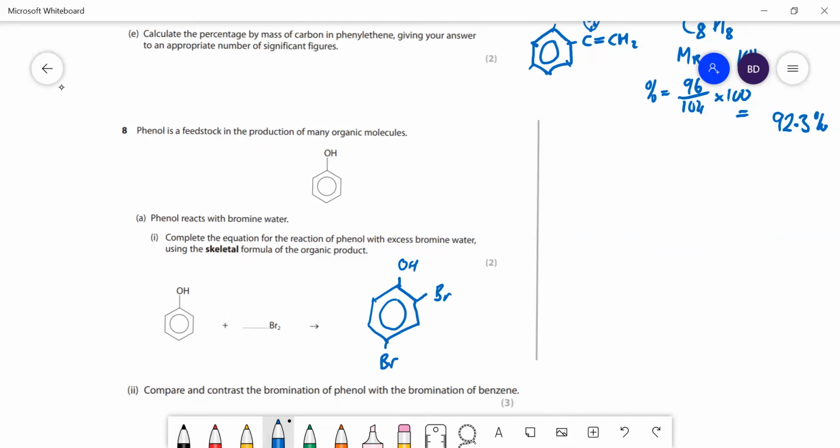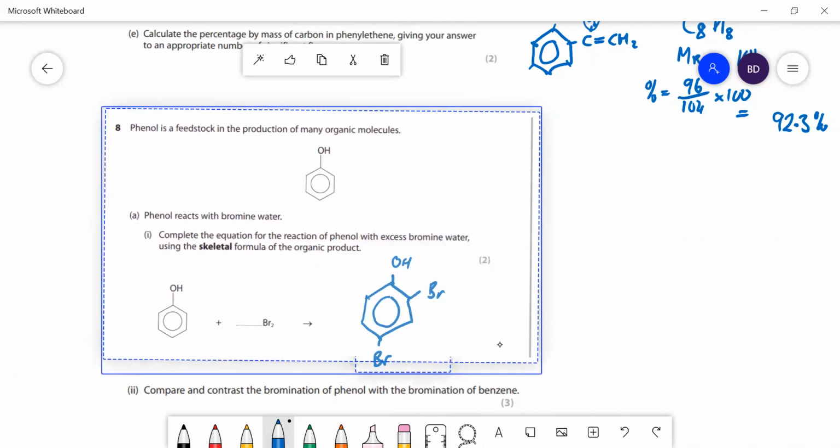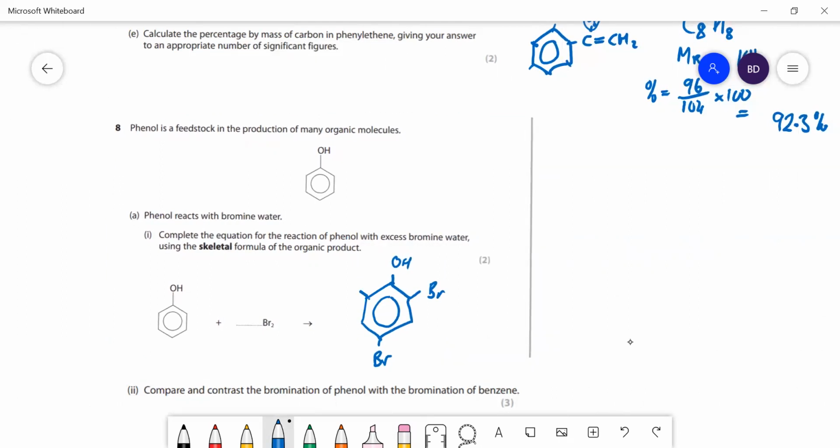It always goes to those. And put the last one in. And what happens to those hydrogens that come off? They come off as HBr. So you're going to get 3 HBr. So that means we're going to need 3 Br2s. We've got 6 bromines altogether.